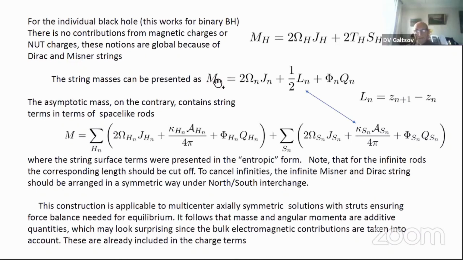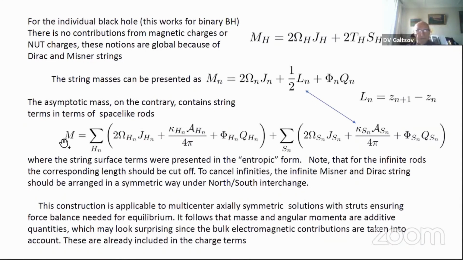Now, inverting this, we get the Smarr relation for an individual rod like that. And the quantity, which is the length of the rod here, is the same as surface gravity by the area of the horizon divided by 2 pi. It is just the exact equivalence.